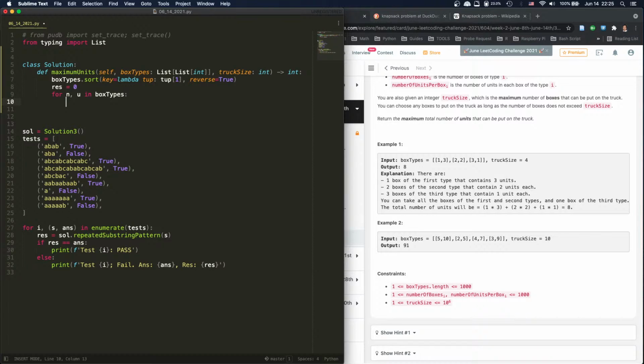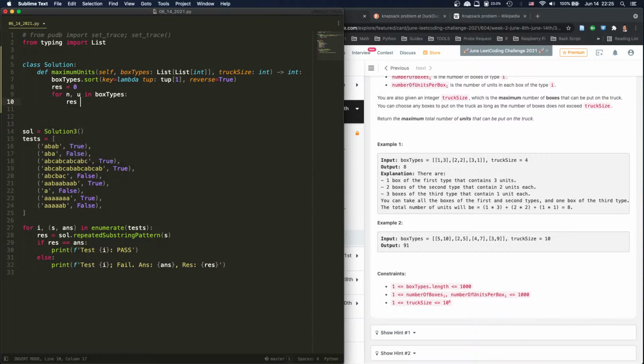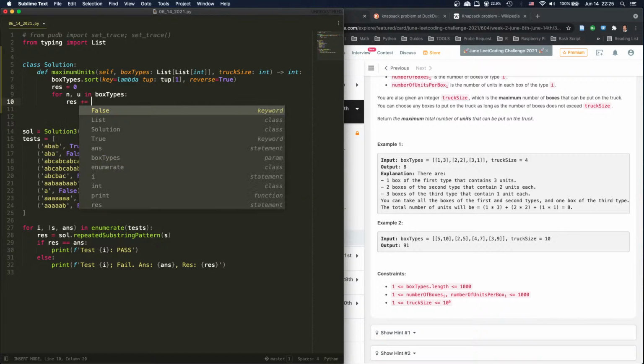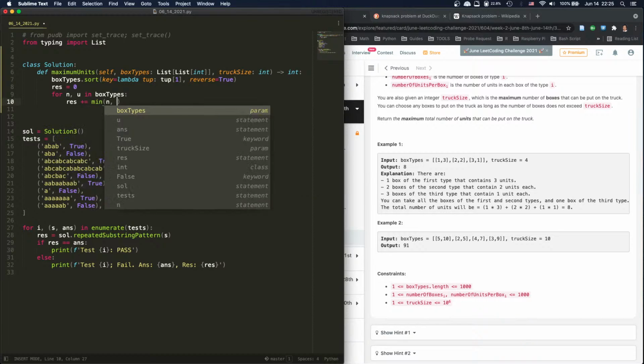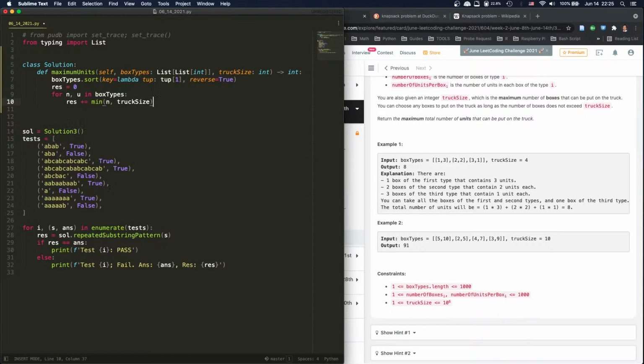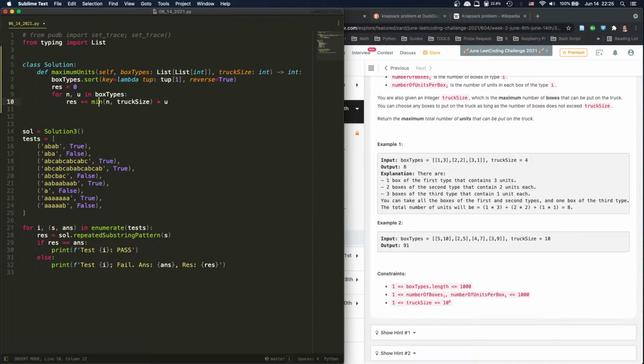If no, we just take the maximum. So we say we take how much? So the res plus equal to the minimum of n and truck size times u unit, right?